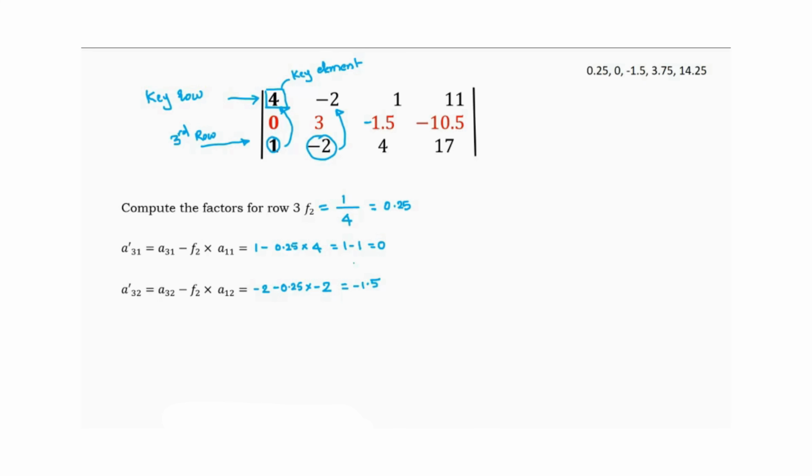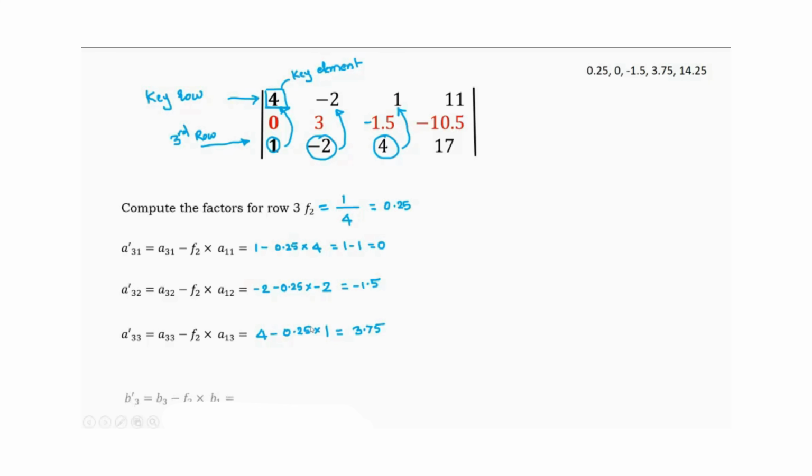Am I right? Whenever I make mistakes, you can rectify me. Similarly, the third element, A33, is 4 minus factor 0.25 into the corresponding element from the key row, which is 1. So this is equal to 3.75.